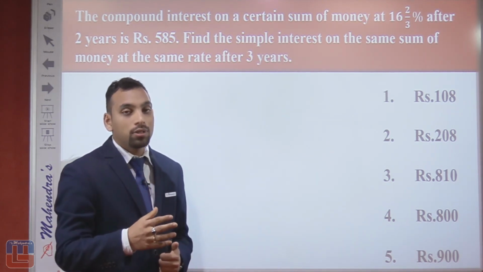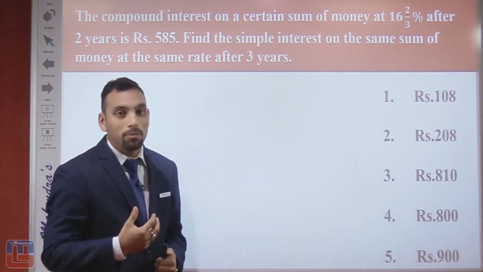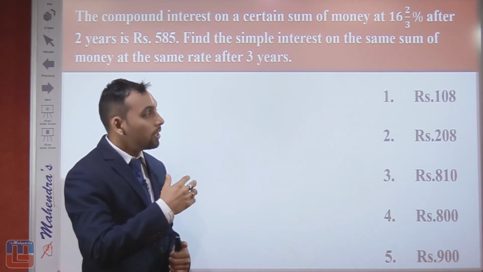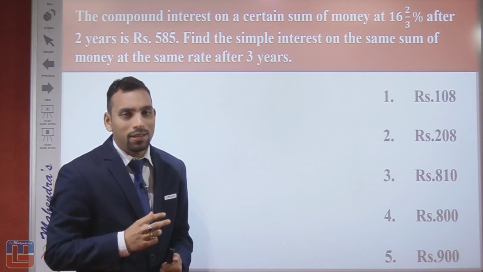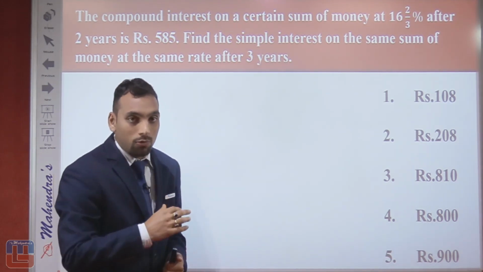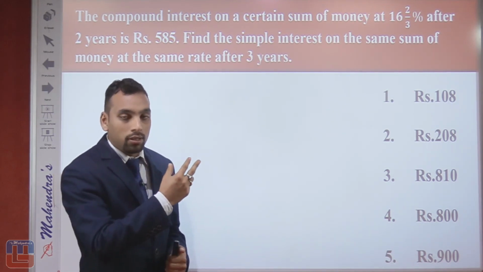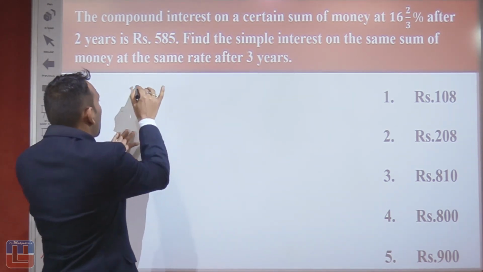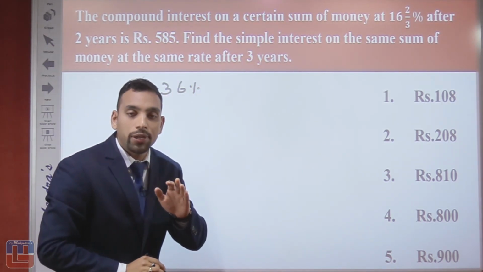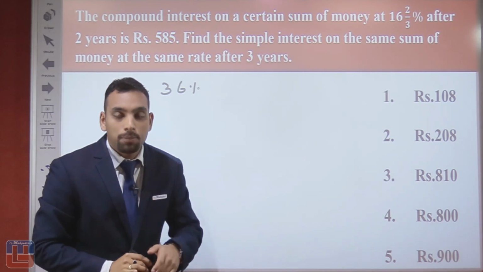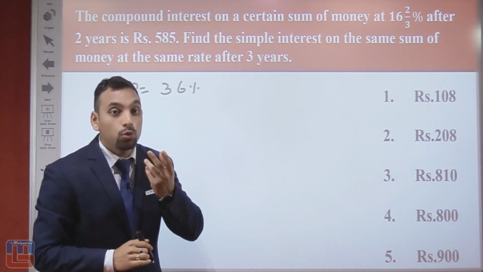How will we calculate? If you assume the principal as x here, things will be quite difficult in comparison to the other method. So we will adjust the principal according to the rate. Assume the principal is 36%, and the rate is 16 2/3%, and CI for 2 years we have 585.